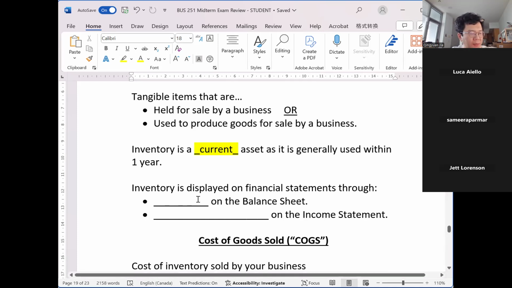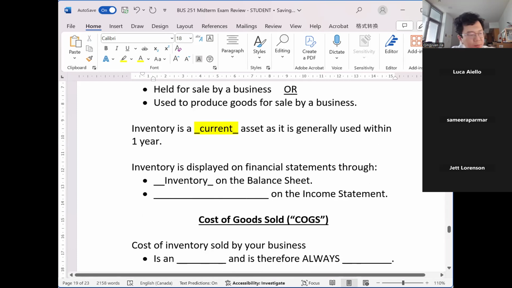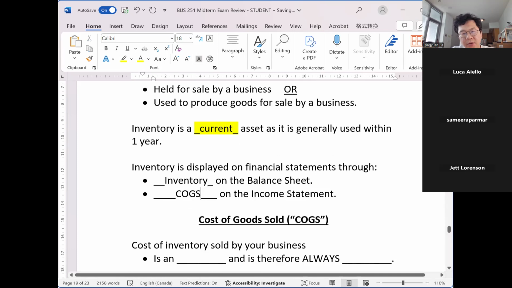And inventory is displayed on financial statements, of course, on the balance sheet and income statement. What is this? This is COGS. Remember the journal entry?